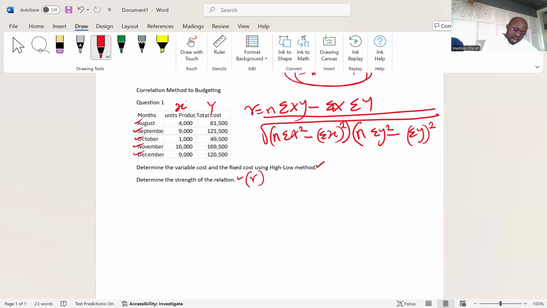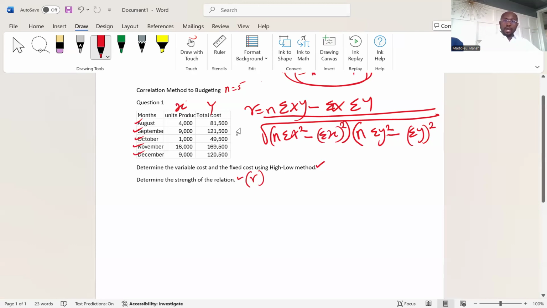So N is how much? 1, 2, 3, 4, 5. N is equal to 5. Take it slowly. This is the step you take to understand correlation. If you understand this formula, you know how to use it, and you can solve any correlation.